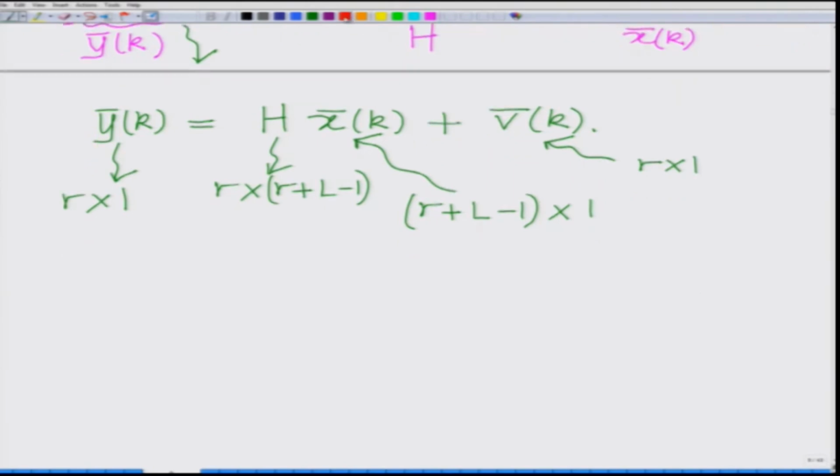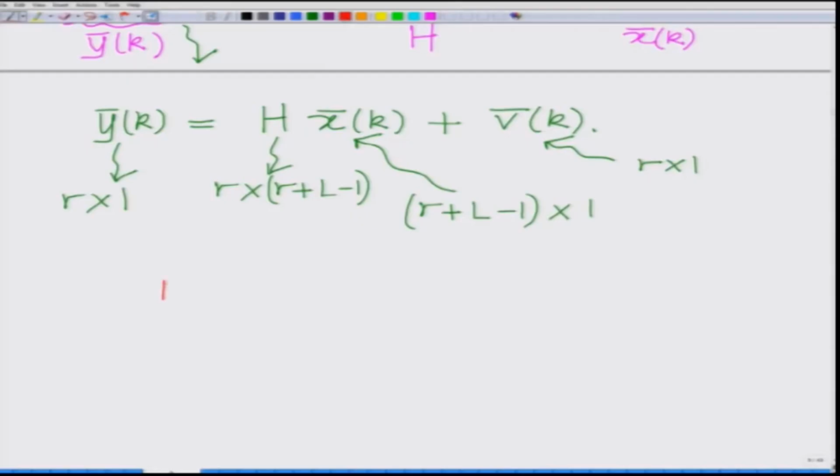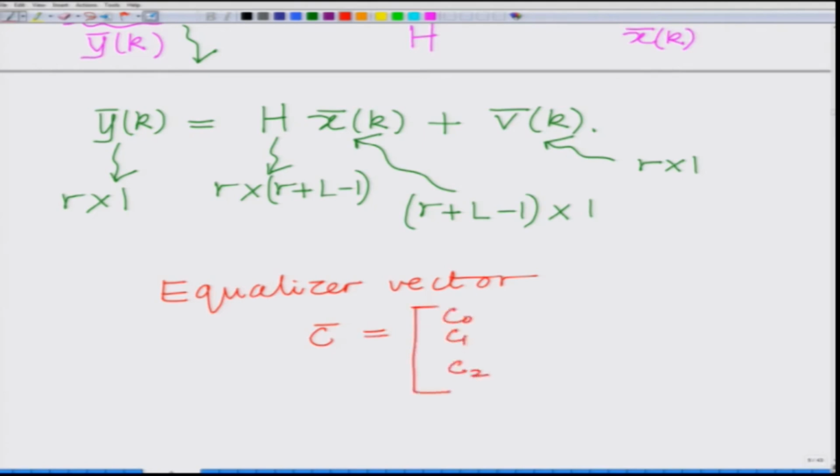And now we have our 3 tap equalizer vector C bar, which is the column vector C0, C1, C2, and these quantities C0, C1, C2 are the taps of the equalizer.